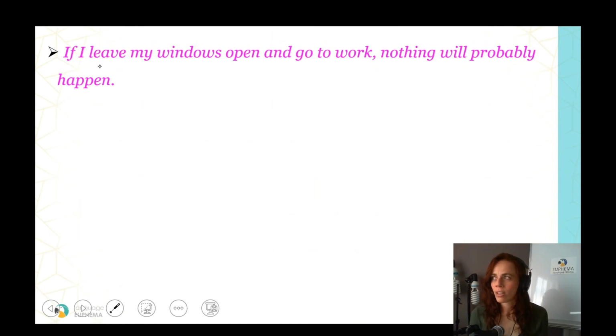Okay, I can imagine a violent, very strong thunderstorm with very heavy rain. In that case, I would have water under my windows, but let's not think about that, okay? I think there is really no immediate danger. So I think that if I leave my windows open and I go to work, nothing major will happen.